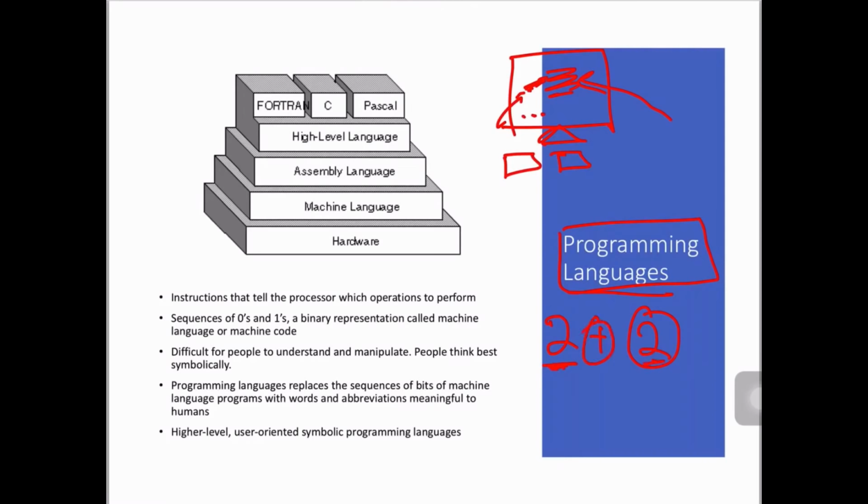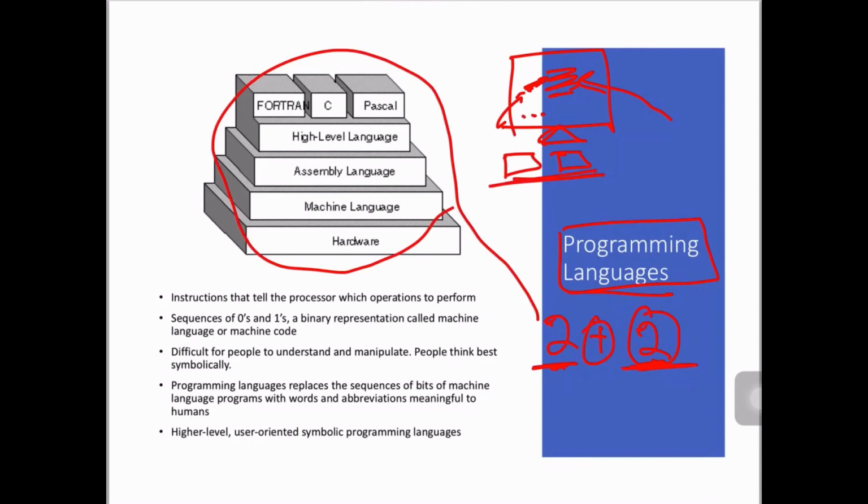So basically there are mediators, and we call them computer languages. These languages translate whatever we write in a high level language. A computer is an electronic piece of equipment, and it just understands 0s and 1s in binary, right?